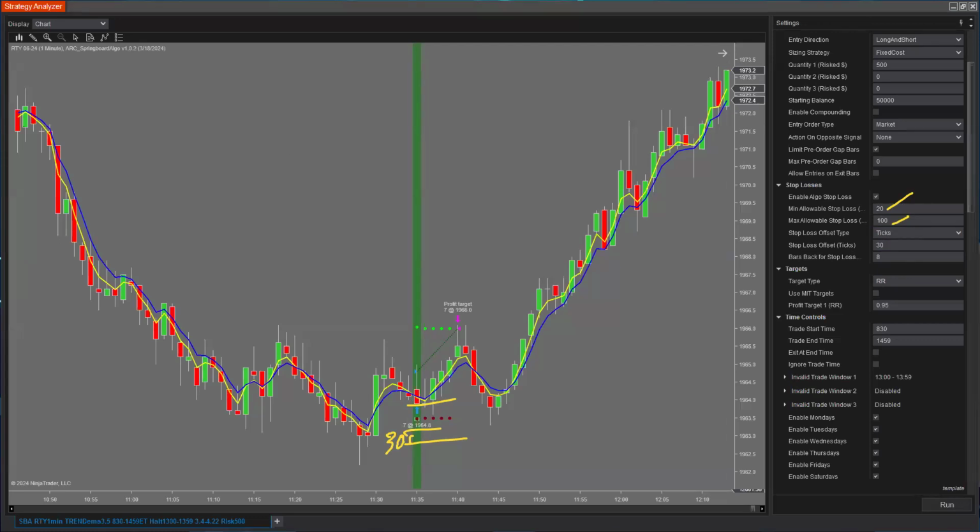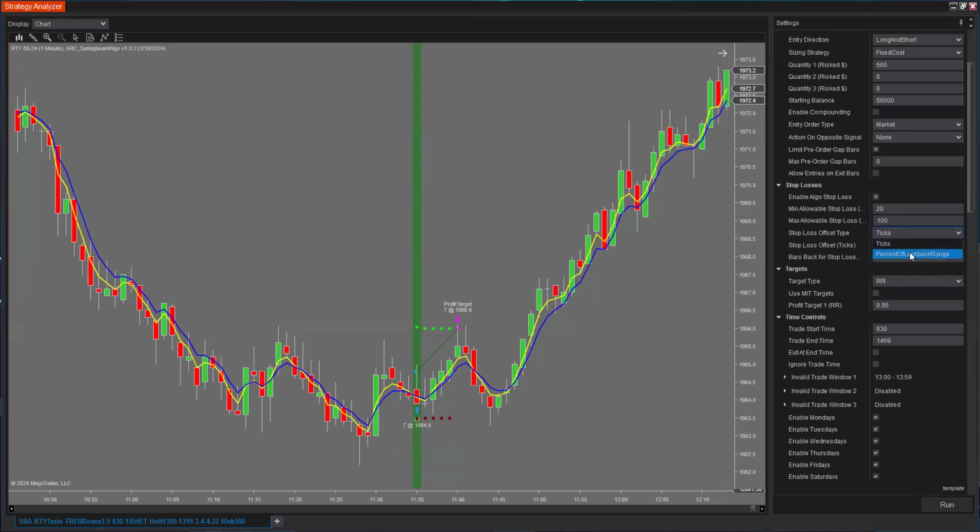If you're using the algo for the stop loss, it's going to be percent of look back range. What that means is it's going to take the range from here to the low. It's going to take that whole range there. And then it's going to ask you what percentage you want to be below the low.